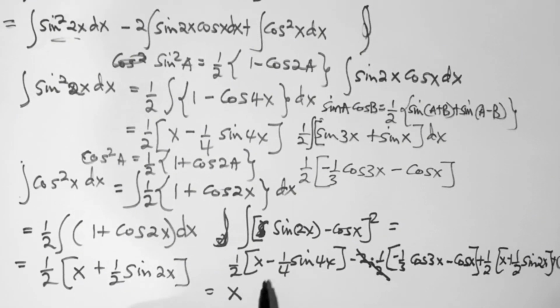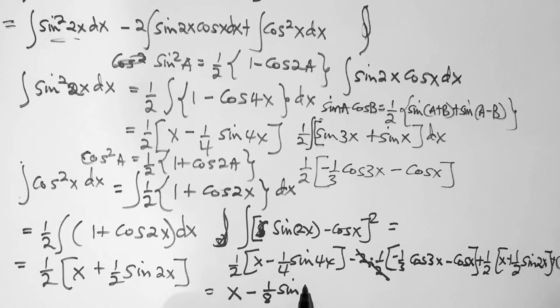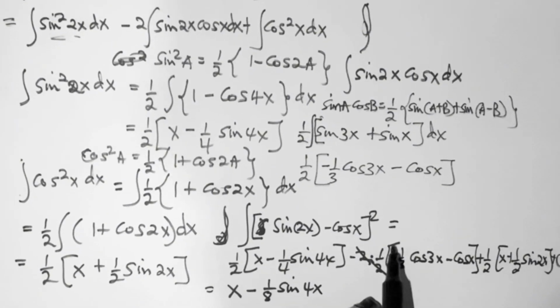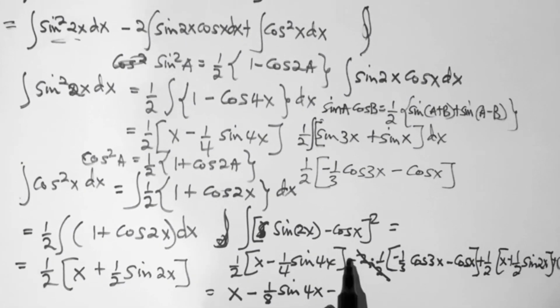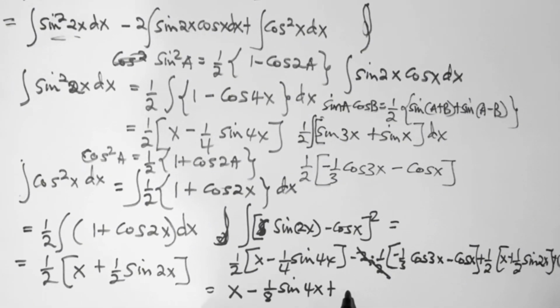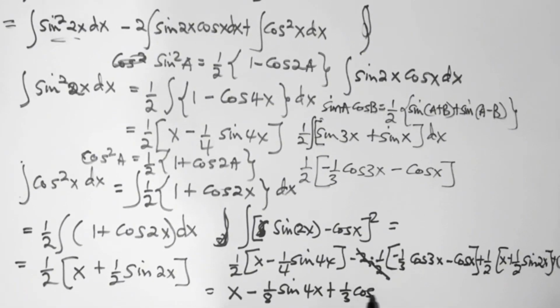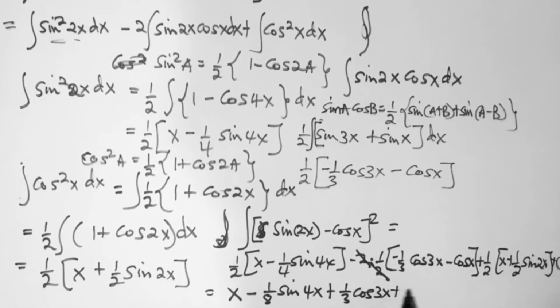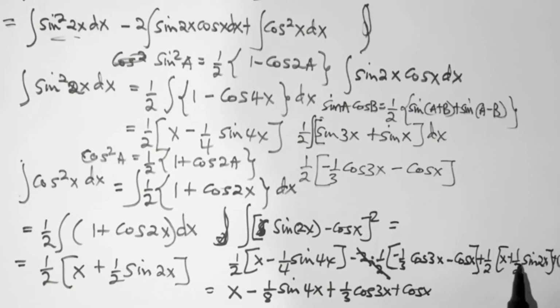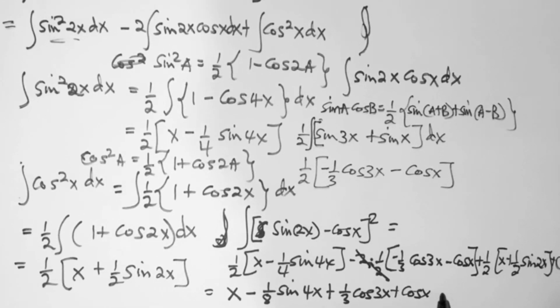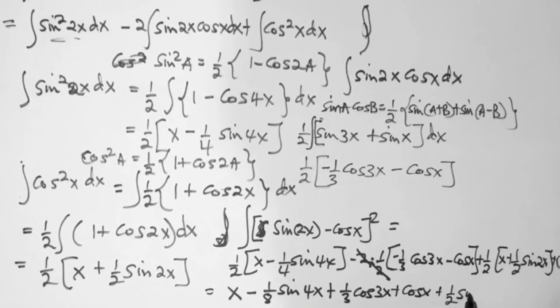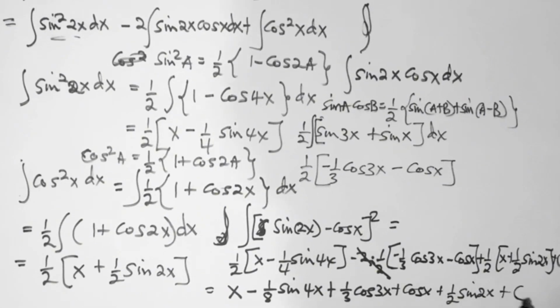Then 1 over 2 times 1 over 4 becomes minus 1 over 8 sine 4x, and then here there is minus minus, so here it is plus 1 over 3 cos 3x, then plus cos x, and then here is plus 1 over 2 sine 2x plus c.